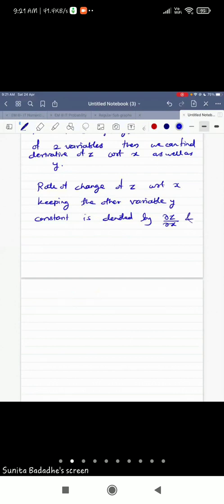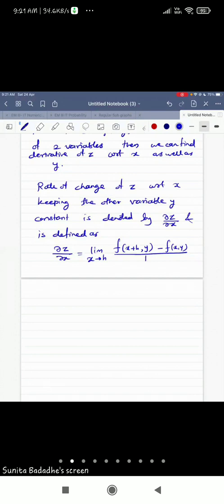It is defined as dabba z by dabba x equals the limit as h tends to 0 of f of x plus h comma y, you are treating y as constant so it stays as it is, minus f of x comma y, upon the difference between the x coordinates, that is h. So this is dabba z by dabba x.